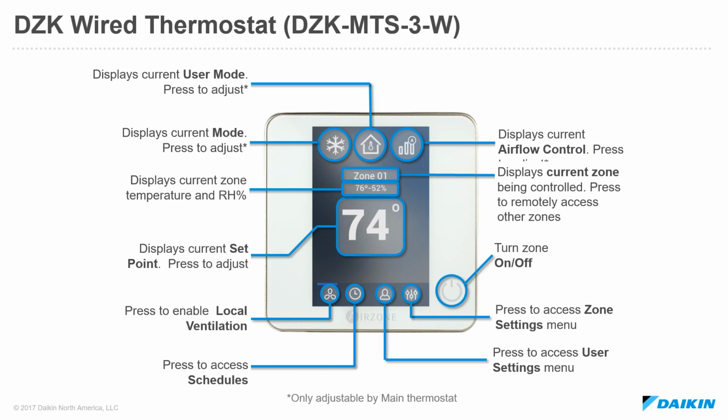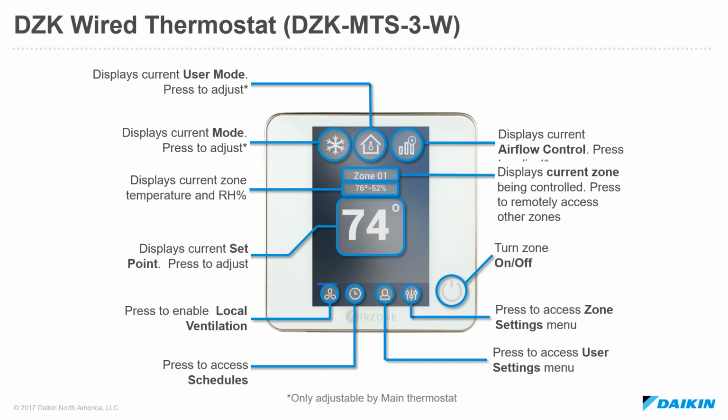Those are essentially adjustable if you've configured that wired thermostat as the main thermostat. They are not adjustable. They are essentially read-only. They're kind of grayed out to the user if that thermostat has been configured as a zone thermostat.